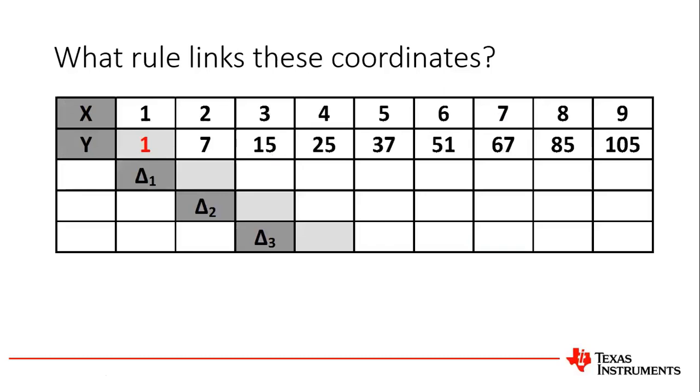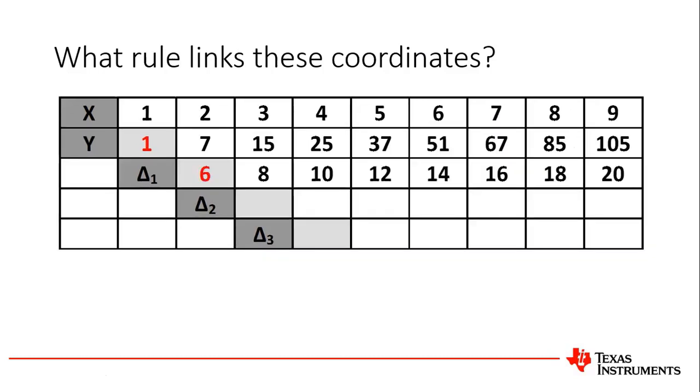Well, the first thing we have to do is populate the differences table. So the first differences, I hope you can understand why that would be 6, 7 minus 1, 8, 15 minus 7, etc. And once again, they're going up by 2s.